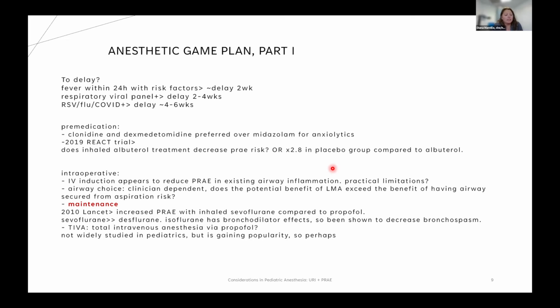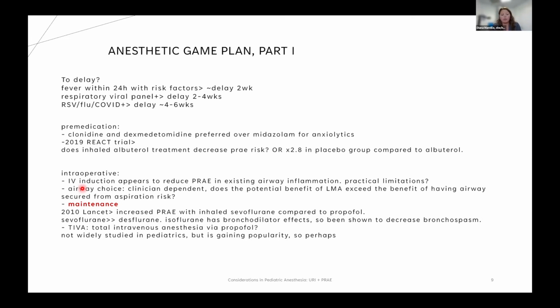And the answer to that is yes as well. So IV induction appears to reduce PRAE in existing airway inflammation. And what we mean by that is a child that we know has asthma, a pretty reactive airway at their baseline, we usually try to go for an IV induction.